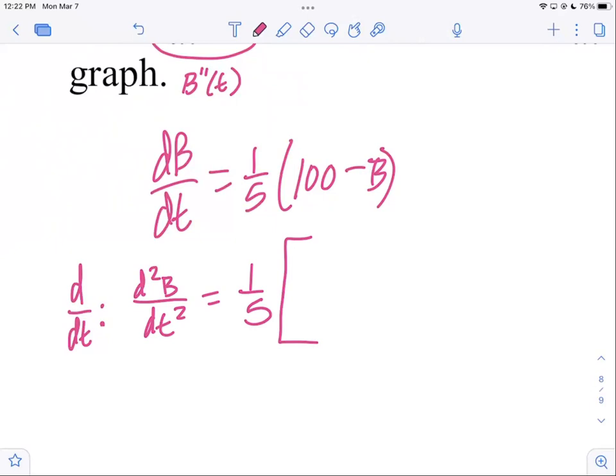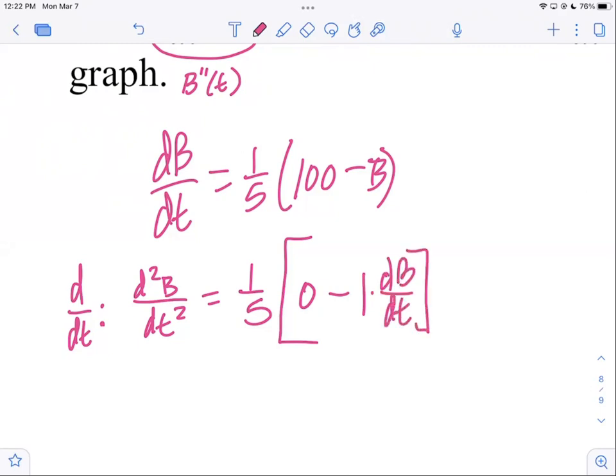All right, now we're finding the derivative with respect to t. So what would the derivative of 100 with respect to t be? 0. I'll go ahead and write it down. Minus, what would be the derivative of B with respect to t? Is it 1? It's 1 times the chain rule, dB/dt, right?